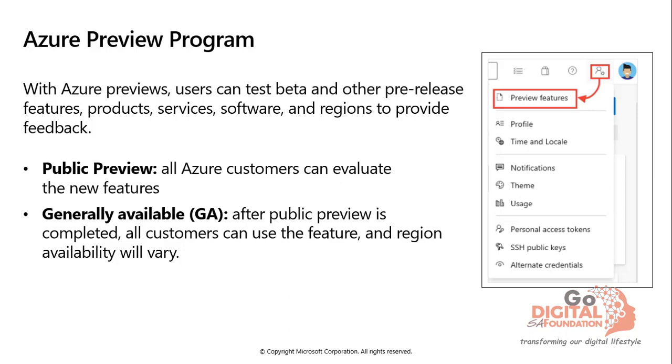When they are tested and done, they can become generally available. So there's a public preview and then it becomes generally available. After public preview is completed, all customers can use the feature and region availability will vary.